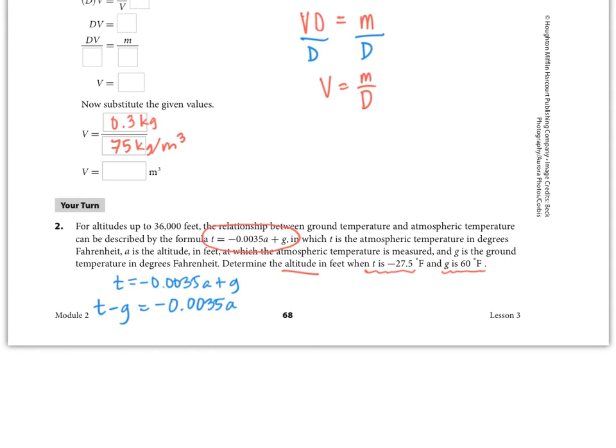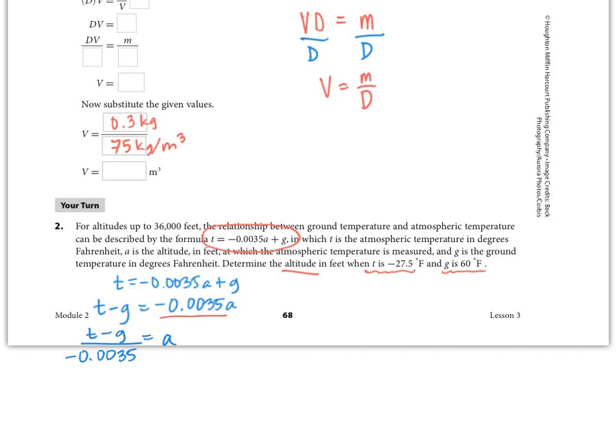Then, last step, to get A by itself, we have to divide. Okay, we're dividing this thing on both sides. When I divide on the right side, I just have A, so that's easy. So A is going to equal this T minus G, all divided by negative 0.0035. Okay.